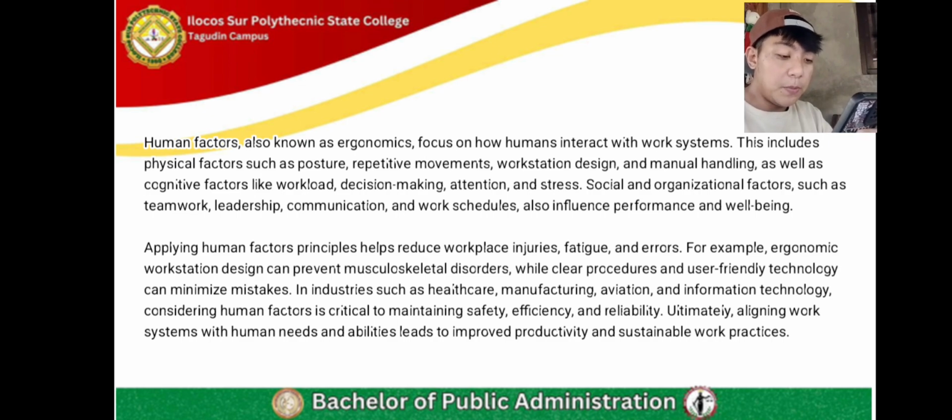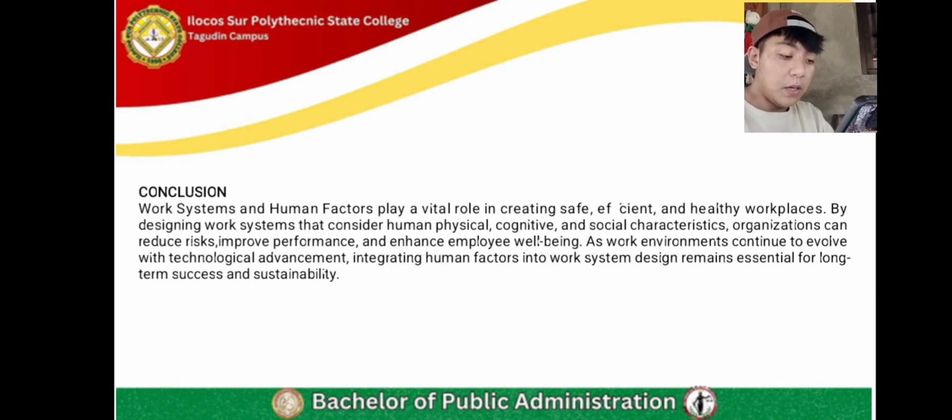Applying human factors principles helps reduce workplace fatigue and error. For example, clear procedures and user-friendly technology can reduce mistakes in industries such as healthcare. Work systems and human factors play a vital role in creating safe, efficient, and healthy workplaces.